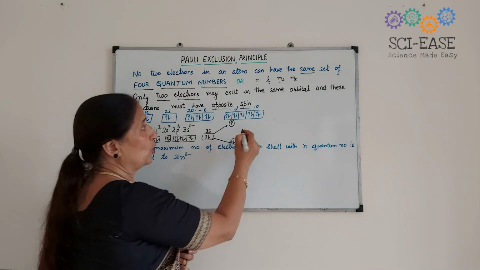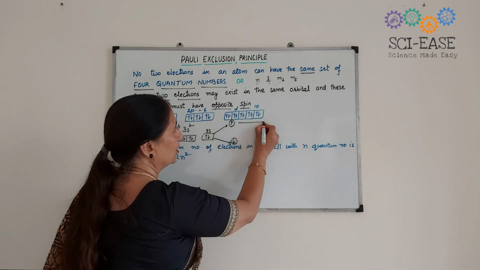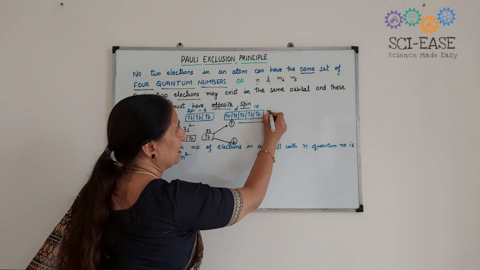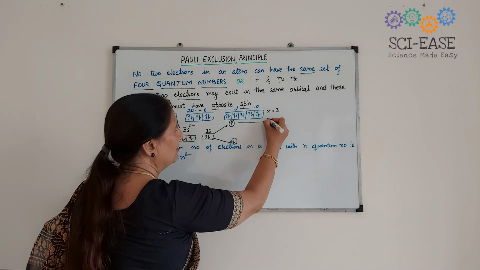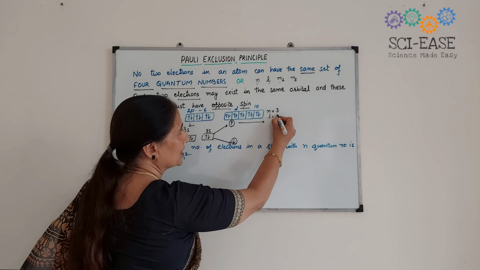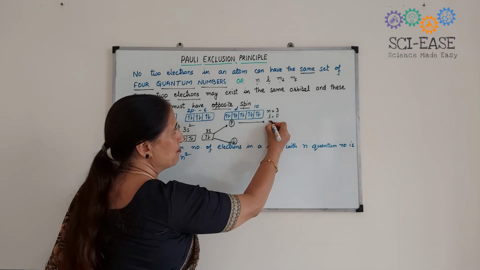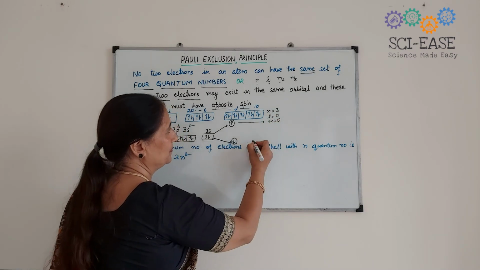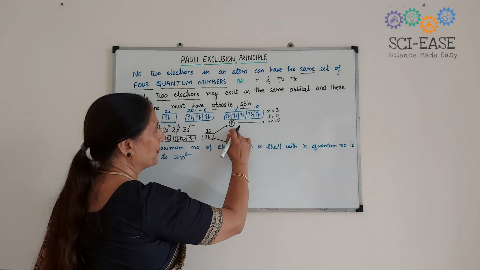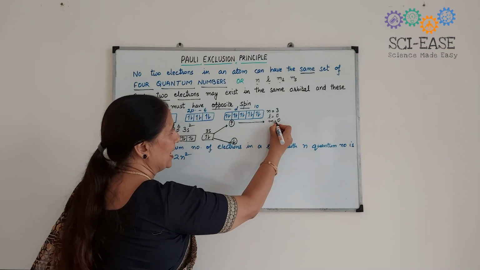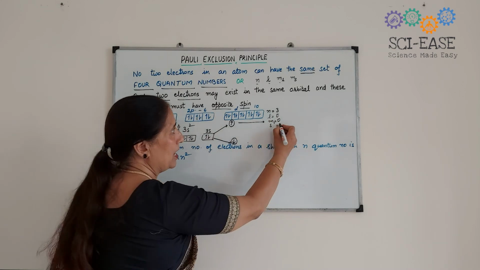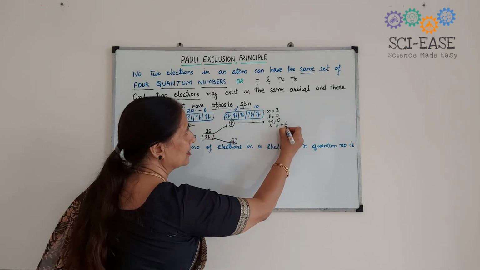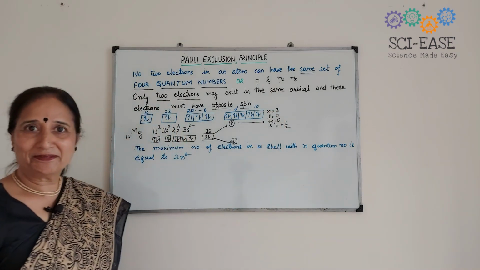And here I am taking the case of the electron which has spin down. For the first electron, n is equal to 3, l is 0, ml is 0, and s is spin up, so it has a plus half value.